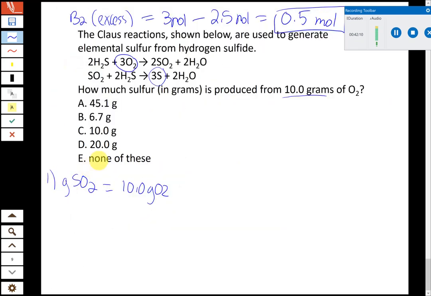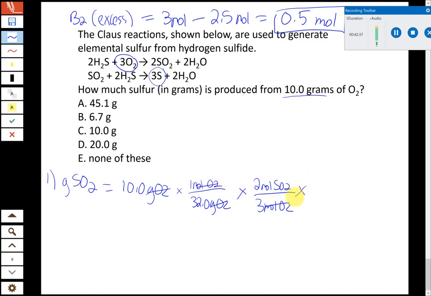So grams of SO2 we can find. We're going to find moles of O2 using its molar mass. And then we're going to use the coefficients from the first equation to figure out how much SO2 forms. So we have 2 moles of SO2 forming for every 3 moles of O2 that reacts.